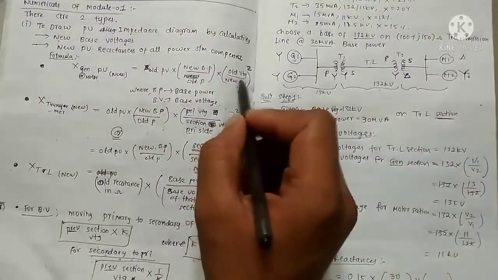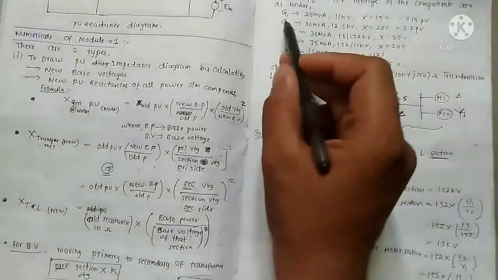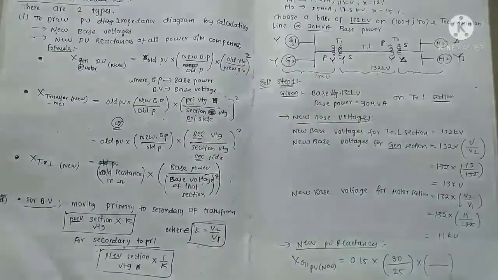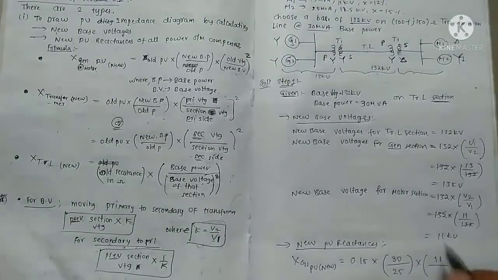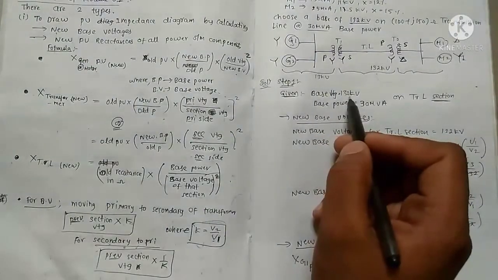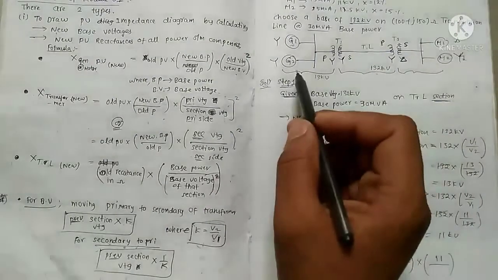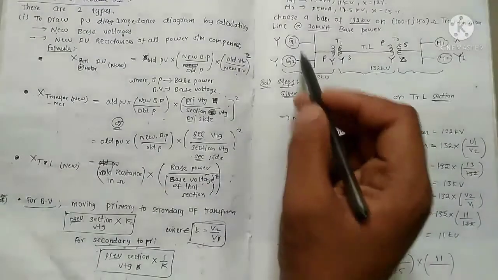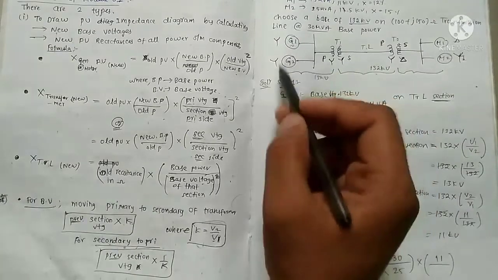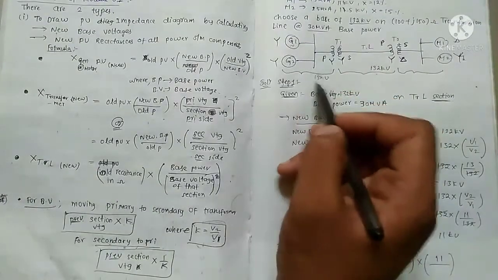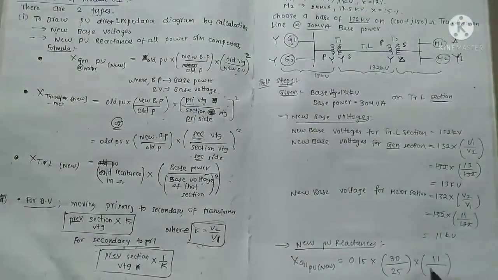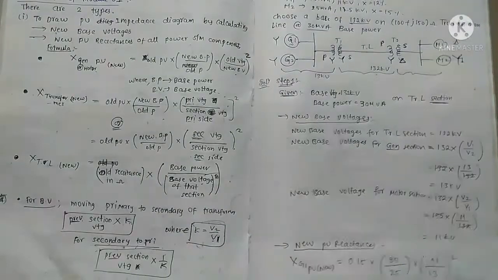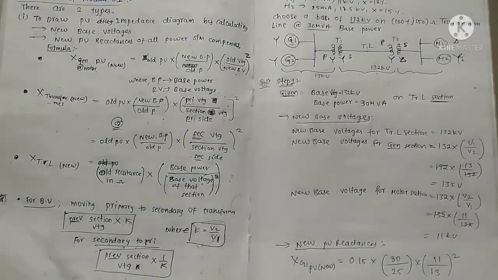Multiplied by the voltage section: old voltage by new voltage, squared. The old voltage given in the question is 11 kV, divided by the new base voltage. For the new voltage we take the voltage of that section. We are calculating the G1 section, which refers to this section, whose voltage is 13 kilovolt, whole squared.